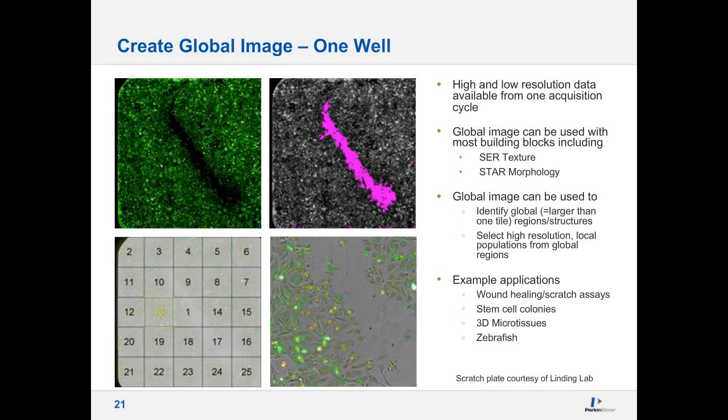And what you can see here is the downsampled stitched image, which allows you to detect the wound as shown in pink on the right-hand side here, and which is basically created from the 25 high-resolution images indicated in the lower left-hand corner.